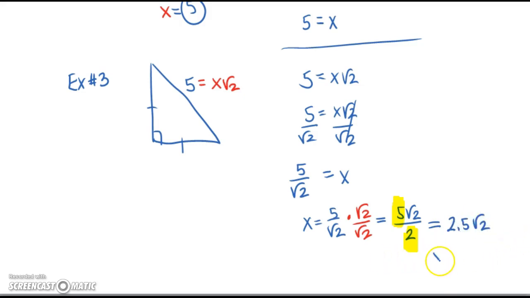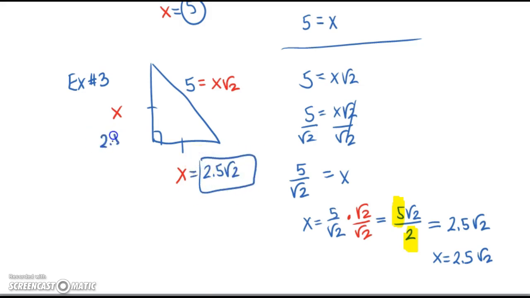And notice what we've done is we've solved for x. X equals 2.5 root 2. So now going back to our original triangle, let's replace both x sides with 2.5 root 2. So that's one leg of the triangle, and that's the other leg of our triangle.